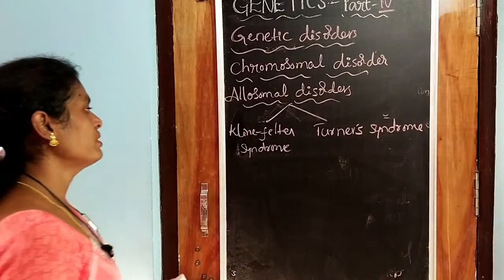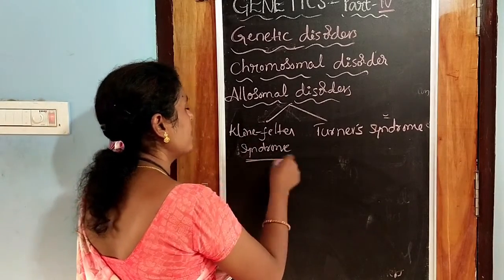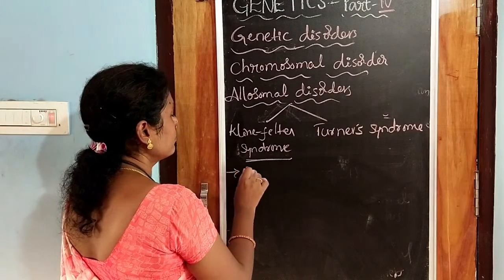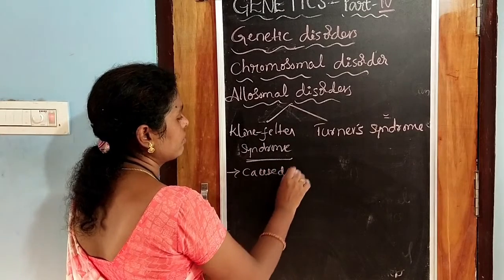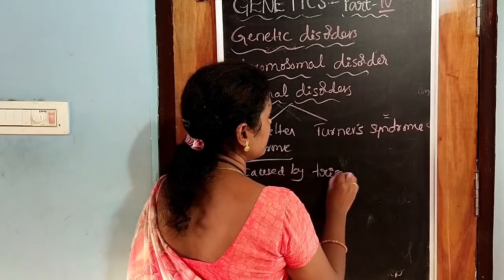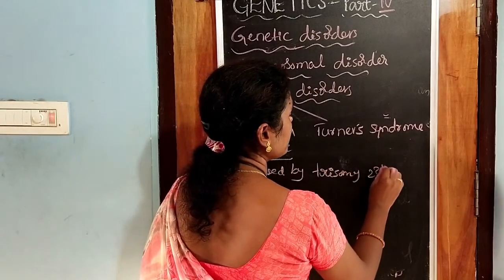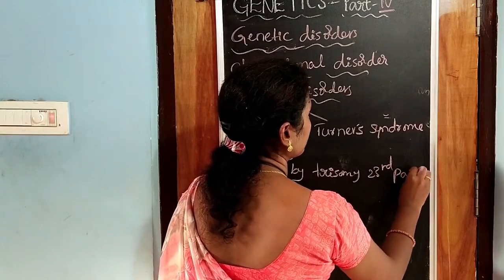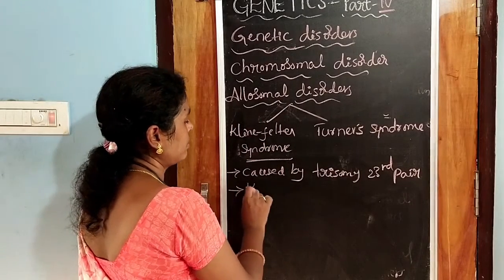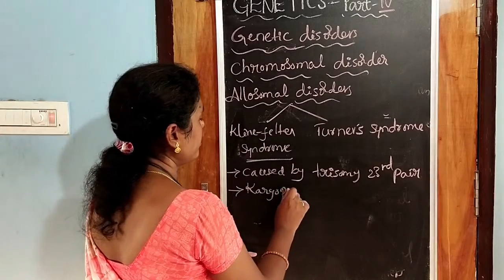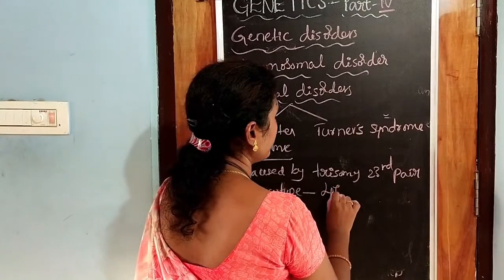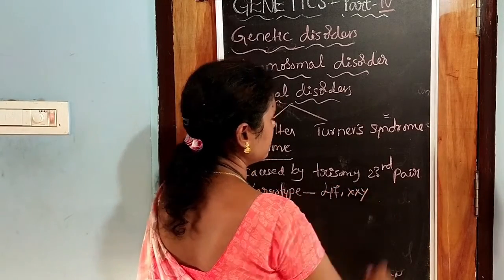Klinefelter syndrome is a genetic condition caused by the trisomy of the 23rd pair. The karyotype of Klinefelter syndrome is 47 XXY.